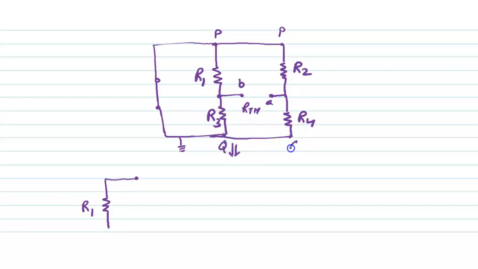This point is P, and this is B. This is R3, and this point is Q. This is the A point.